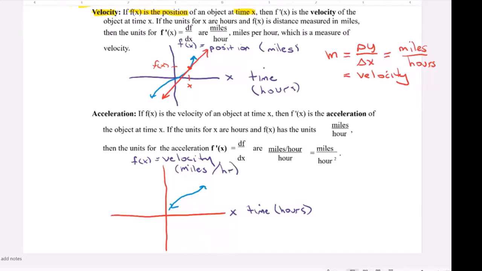So if I take the derivative, just like it says here, I'm going to get miles per hour, change in y, or the change in f of x, divided by hours, the change in time. And I can also, using some algebra, change it into miles per hour squared. And again, that's how we really talk about the derivative in a specific case, how we can use it in the real world.